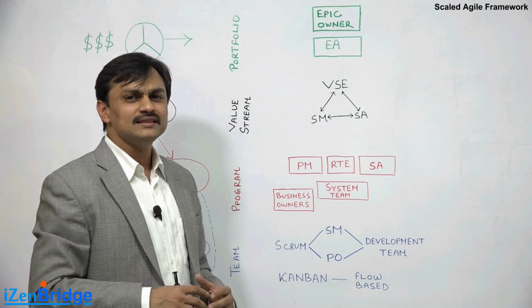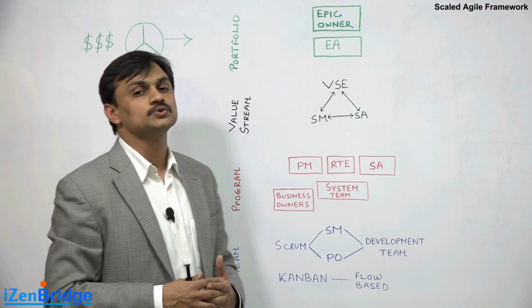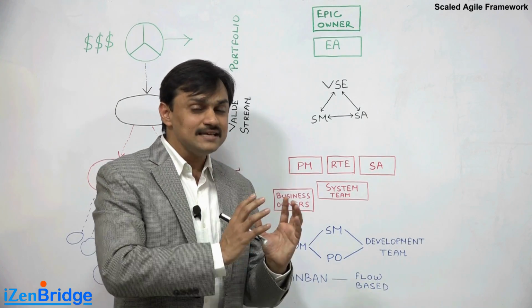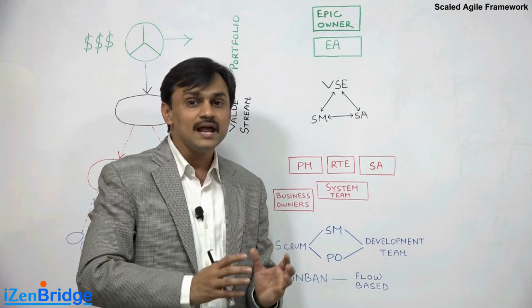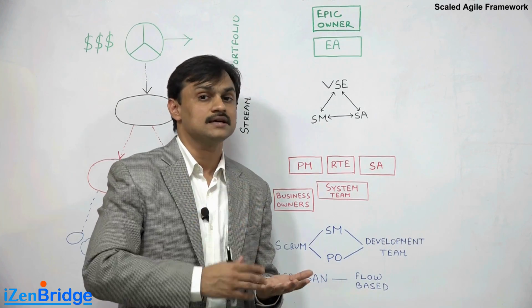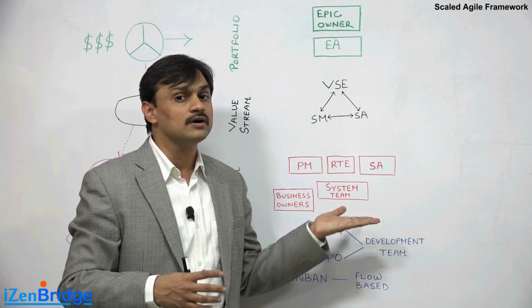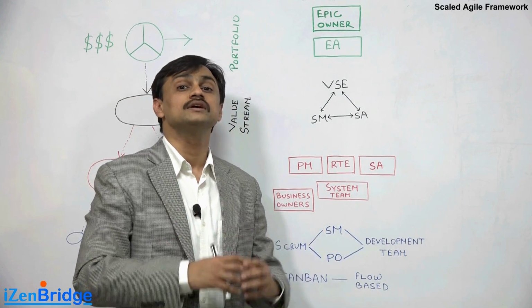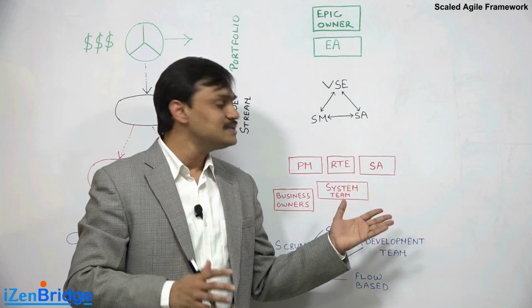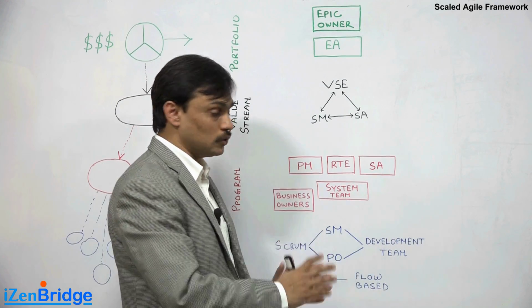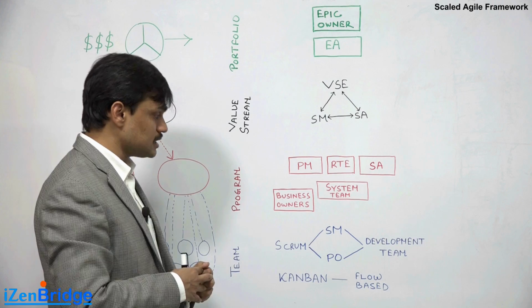Many of you may feel that teams should be able to make those architectural decisions, but considering the scale, one team may not be able to visualize the impact their architectural decision will have on the other teams. Having a system architect at the program level does not mean that he will create the complete architecture. He is there just to ensure alignment for the common goal as far as architecture is concerned.